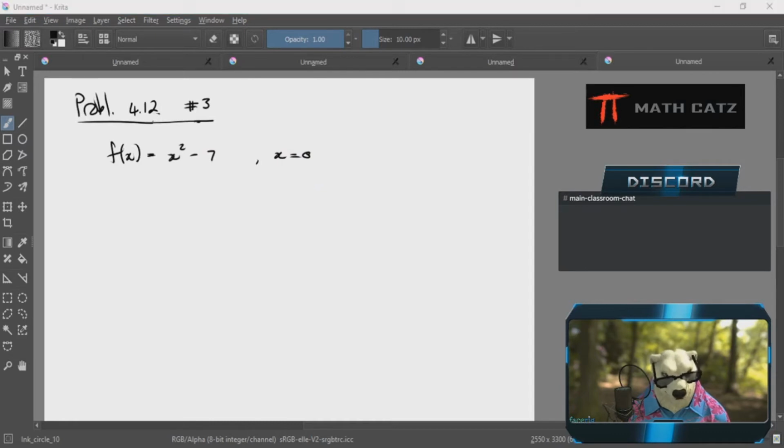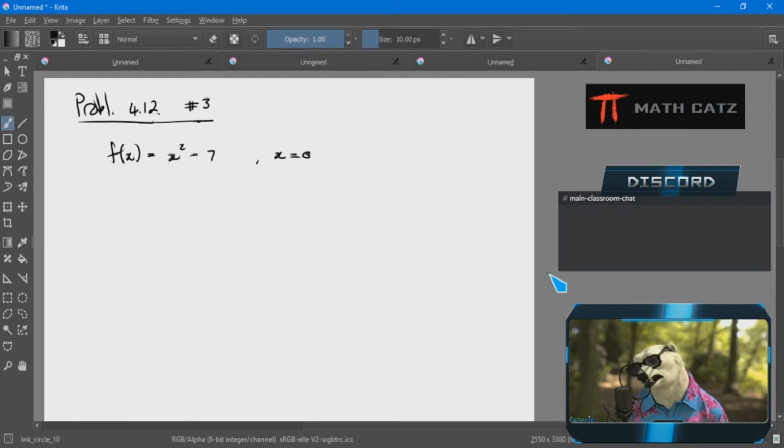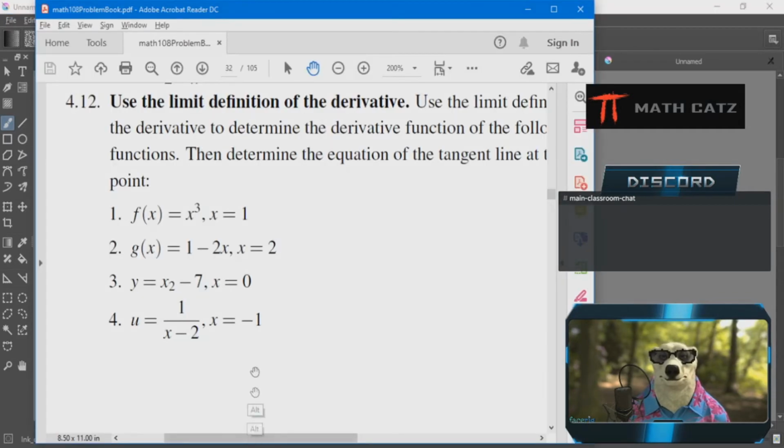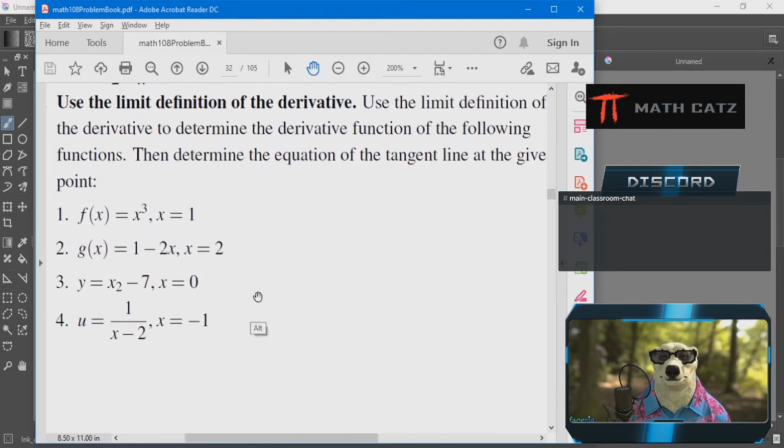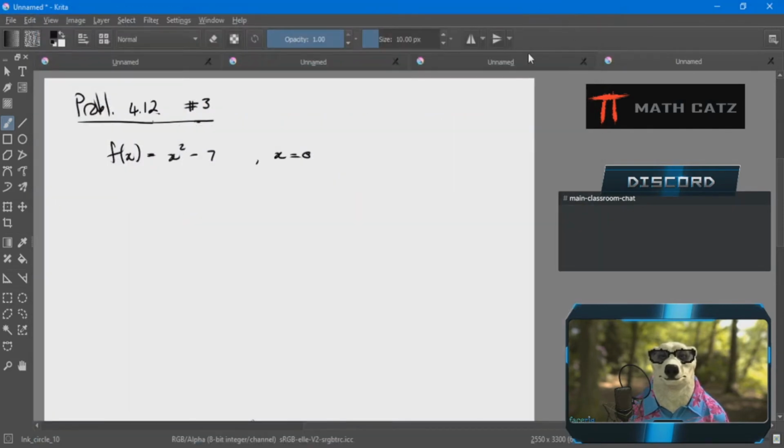All right. Okay, so I can ask many questions here, right? They ask, use the limit definition of the derivative. I now know what that is.